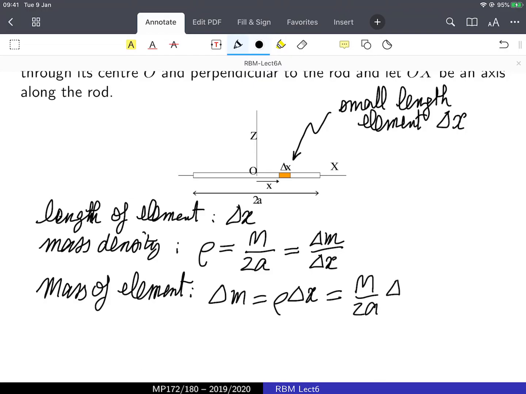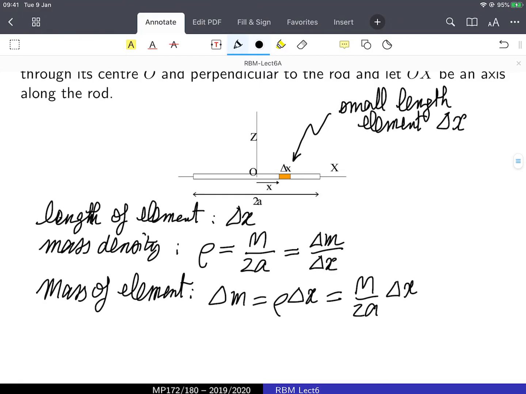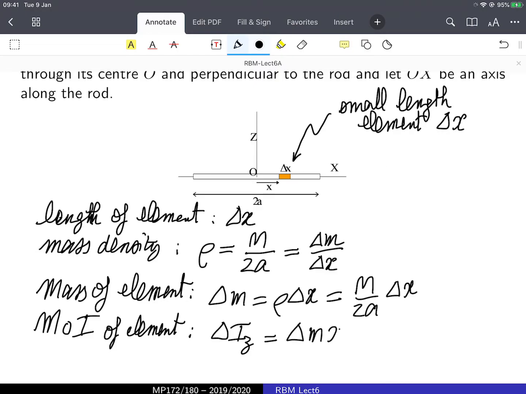Oh, that one's going to be easy. So then I can find the moment of inertia of an element. I know that it's going to be mr squared, or here it's going to be delta m x squared. This is the mass rotating about the axis.